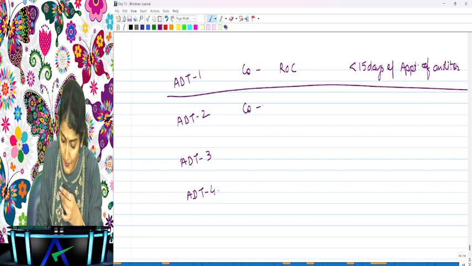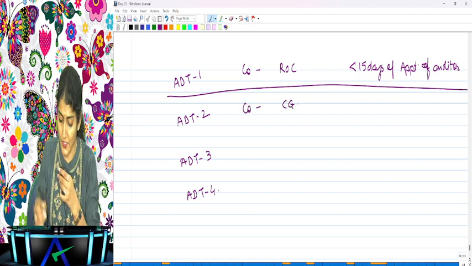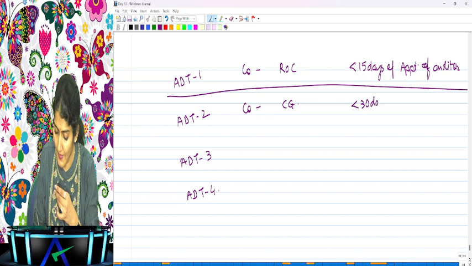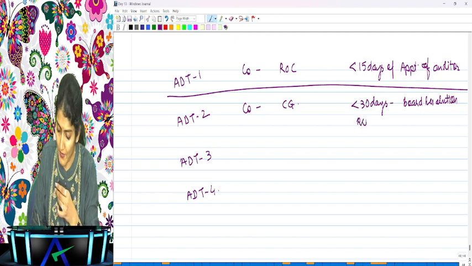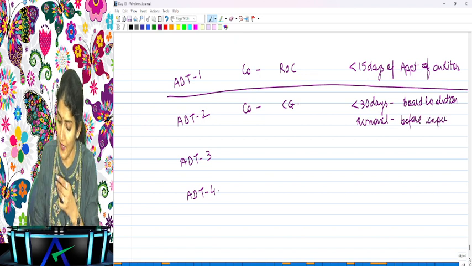Then the company needs to make an application to CG within 30 days of passing of the board resolution for the removal of the auditor before the expiry of his term.